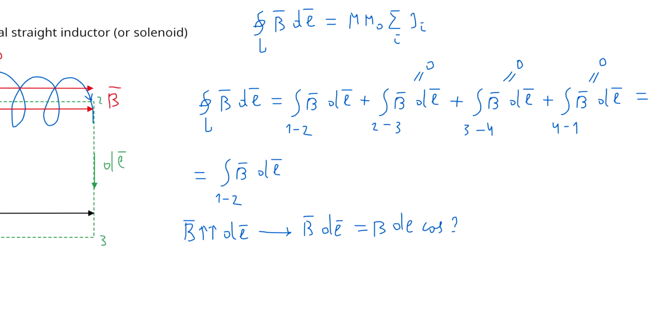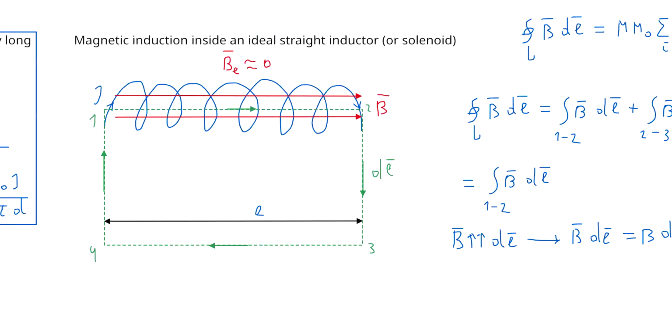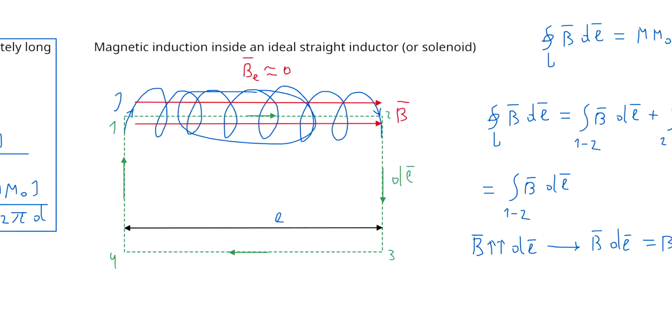How do you think? But why 90 degrees? Look at the picture. What will be the angle between the green arrow and the red arrow?